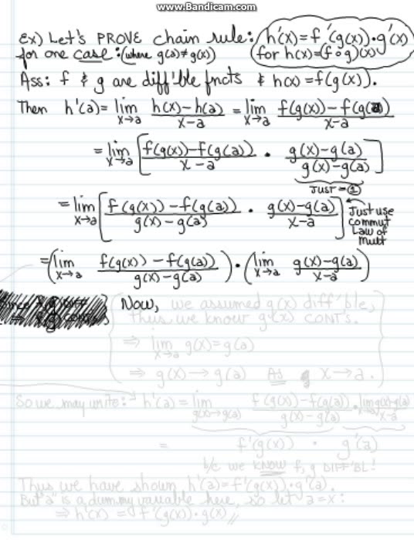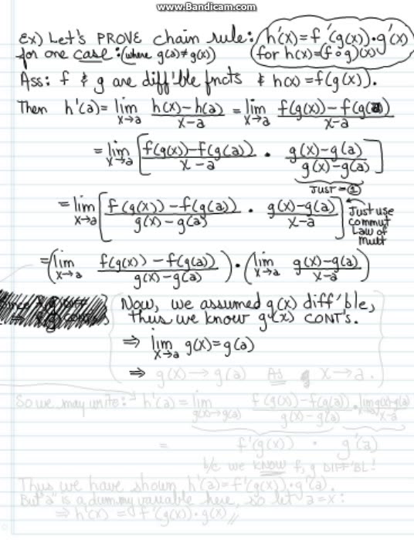So that means, by definition, that the limit as x approaches a of g of x is equal to g of a. Another way of saying that is the value of g of x approaches g of a as x approaches a.